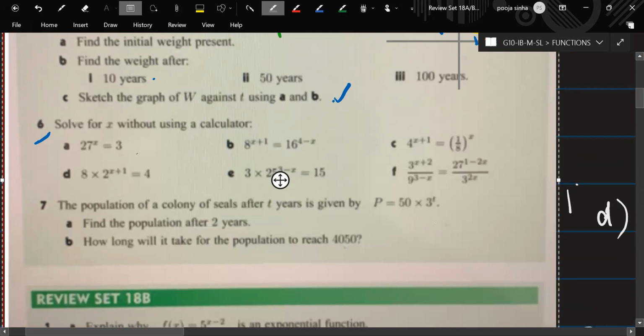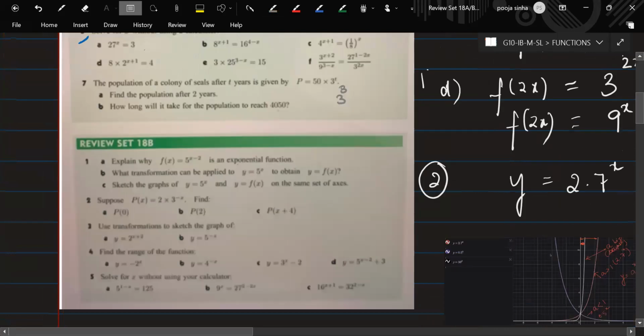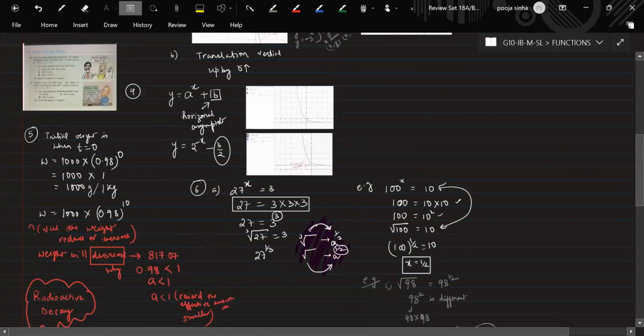So let's say 27 can be written as 3 raised to power what? 3 raised to power? Wait. Not 2. No, 3. Sorry. Oh. 3 raised to power 3? 3 cube. Yeah. Okay. You must have done it before, no?